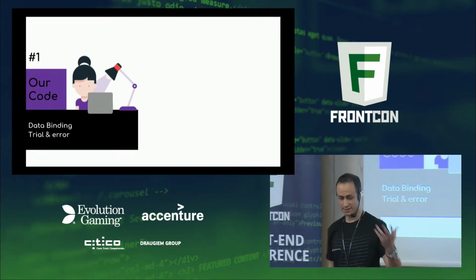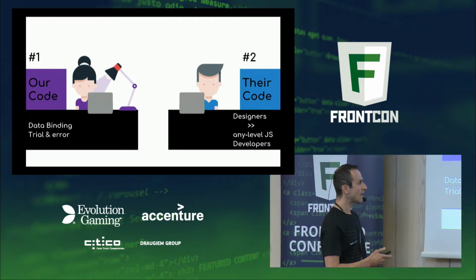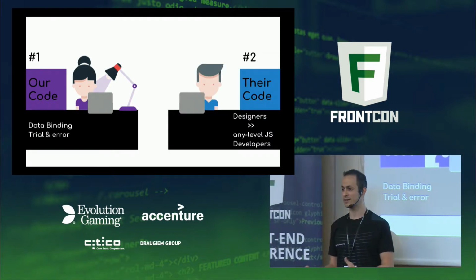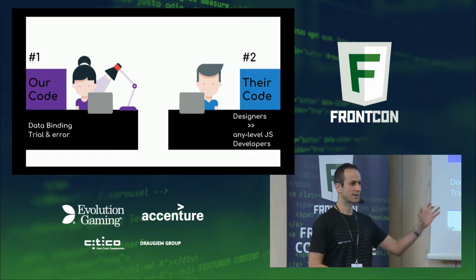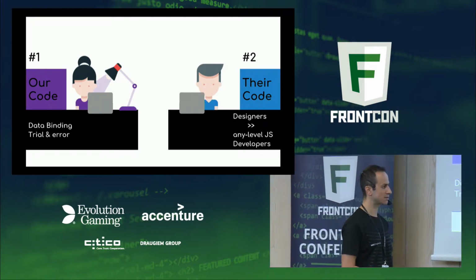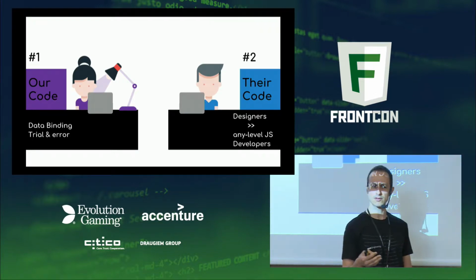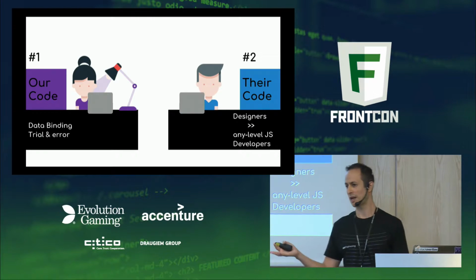And this is our own code. The thing is that the user is able to write his own code, and there's another main concern that we have. Now, consider that our users are not always coders like us.